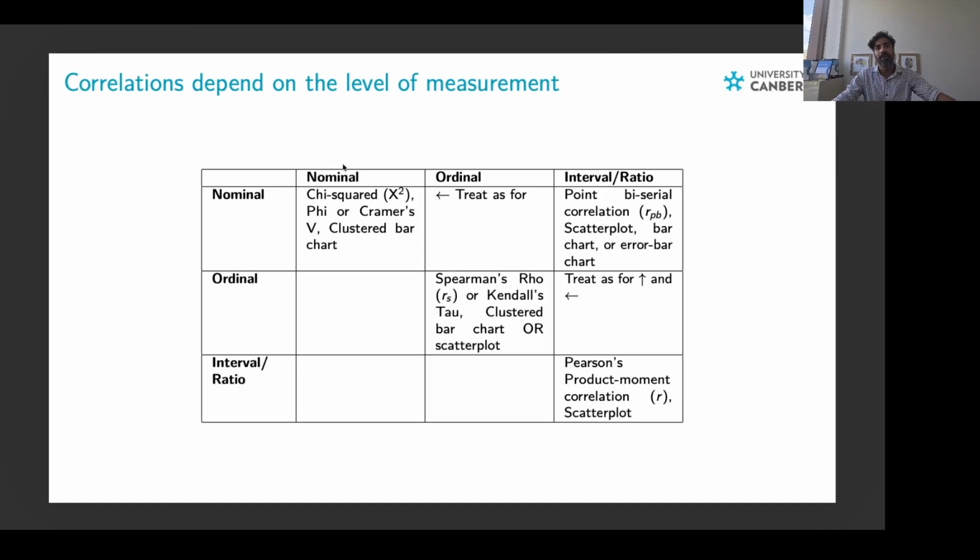So whether it's nominal by nominal, ordinal by ordinal, interval ratio by interval ratio, or interval ratio by nominal, that determines the type of correlation you'll be doing. And again, there's really four key categories here, and in many of the others, you can recode down the levels to do the other types of analyses.